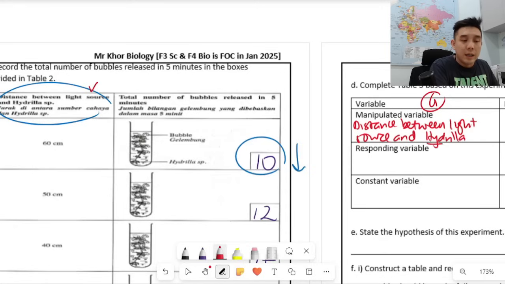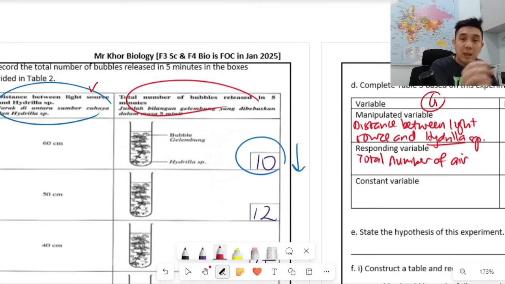Don't forget to underline. Next, this one. Total number of air bubbles released. The 5 minutes you can keep for method to handle. Okay, total number of bubbles. But if you really want to, you can add it, no problem. Release in 5 minutes.